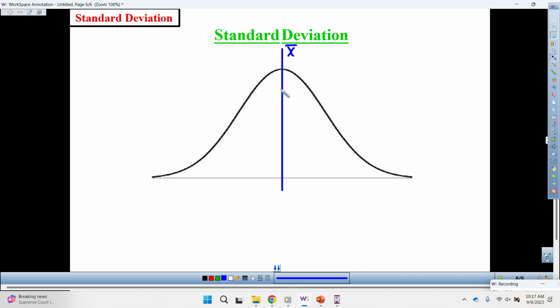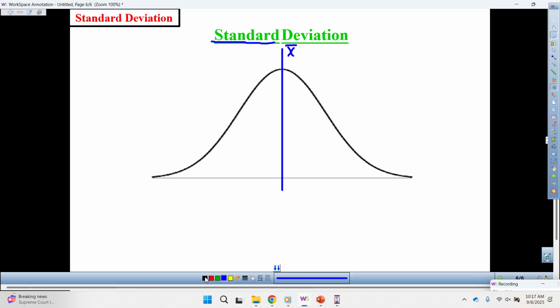So, whenever you are building a bell curve, when you go straight down the middle, this is what we call the standard. The standard is the mean. Now, some are going to go above or below the standard.